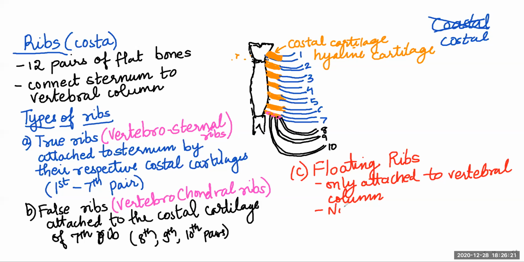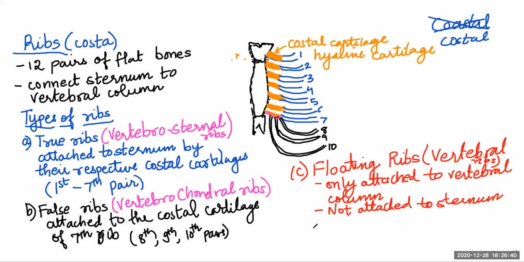That is why floating ribs are also just called vertebral ribs, because they are not attached to anything in sternum.